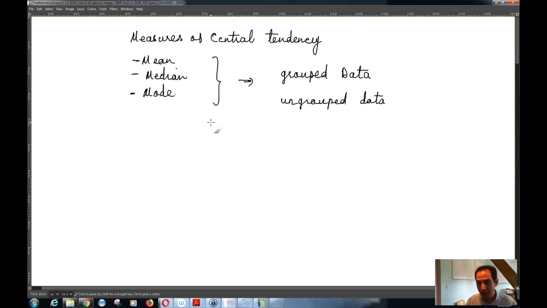For example, if you have a set of observations, let's say 2, 5, 6, 7, 8, 9, 5, 3, 2, 1, and 10, this is just a bunch of observations, ungrouped data. If you want to calculate the mean, it's simply the average of the data.